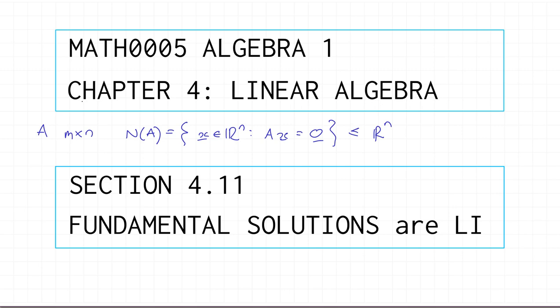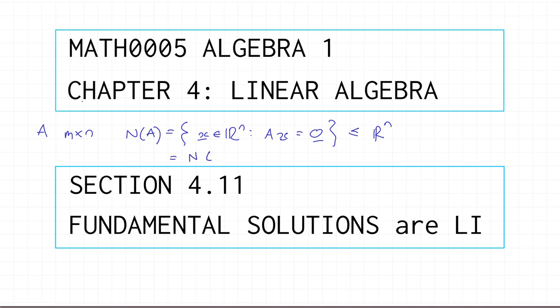We do know something about how we might get started, because if R is a matrix which you can get to by doing row operations to A, and which is in row reduced echelon form, then the solutions to Ax equals 0 are the same as the solutions to Rx equals 0.